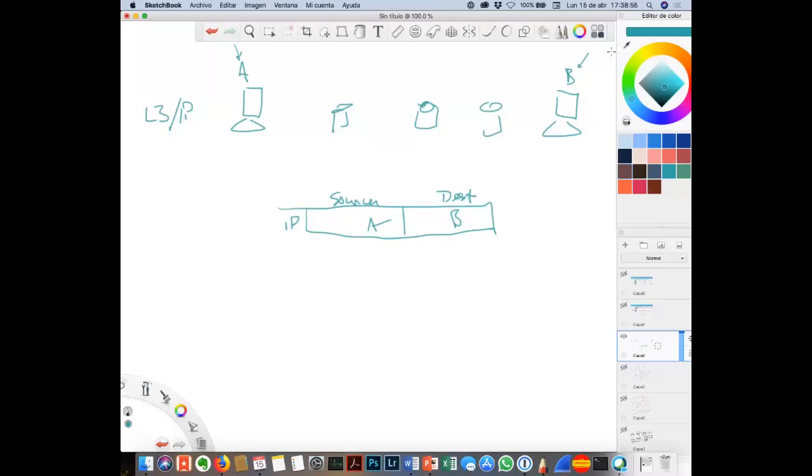So I go to my forwarding table, or I've run my routing algorithm, and I say, I have this packet that needs to get to B. This is happening inside this computer over here. I look at my forwarding table, and it says, what port should I send this packet out of to get it one step closer to B?